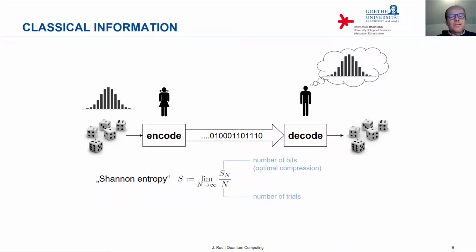And this is enough to encode the 6 possible outcomes of the die roll. It's a bit too much, actually. It's not optimal, really. 2 bits would not be enough, because then you would have only 4 possibilities, and that's not enough to encode the 6 possible outcomes of the die roll.